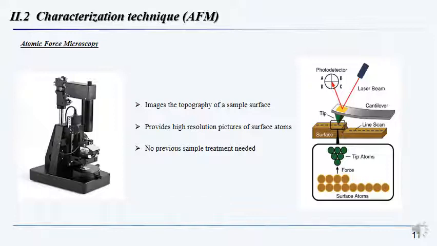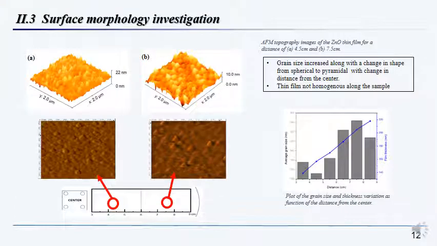So the characterization was carried out by AFM, which is an imaging technique that permits the visualization of the sample surface topography. It provides high-resolution pictures of surface atoms, and it is a non-destructive technique since no previous treatment is needed for the samples. The surfaces of the film reveal the presence of high peaks and deep valleys in the same wafer.